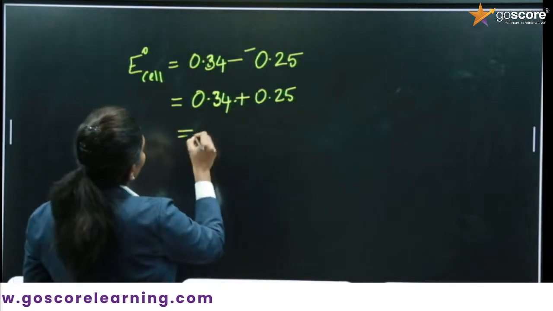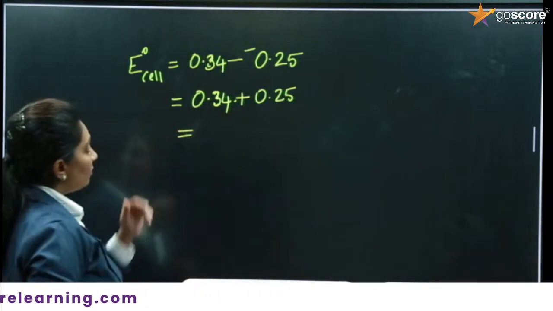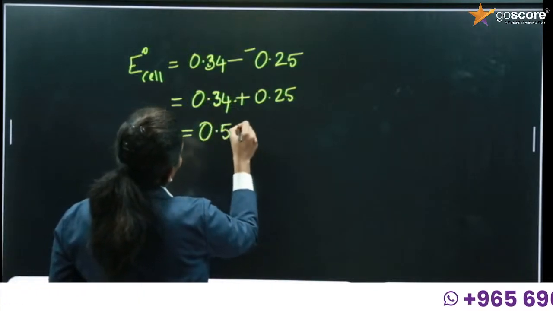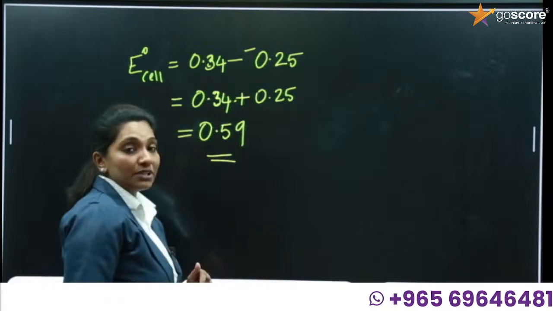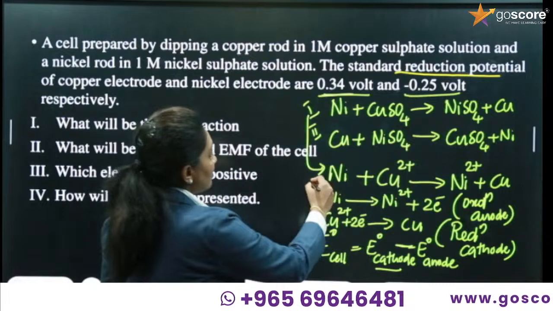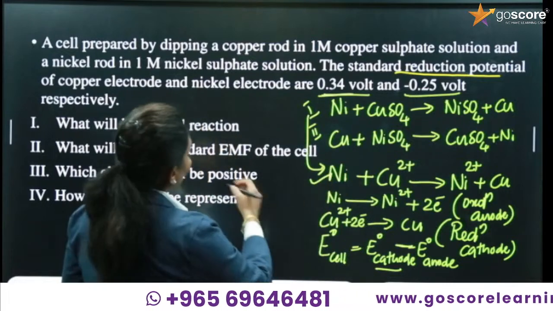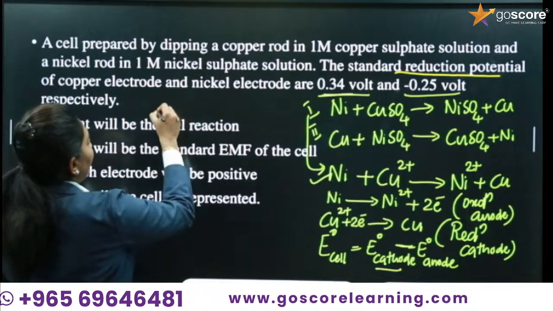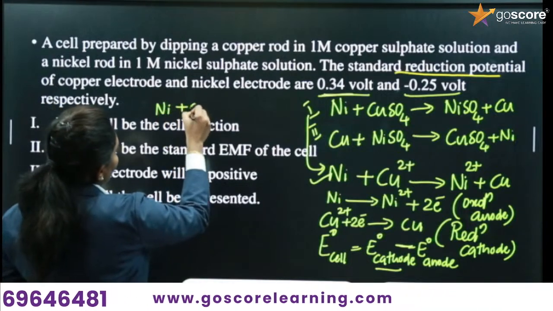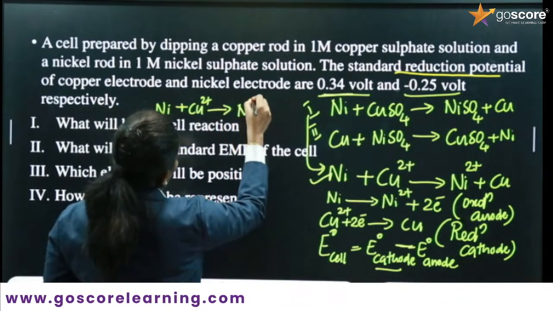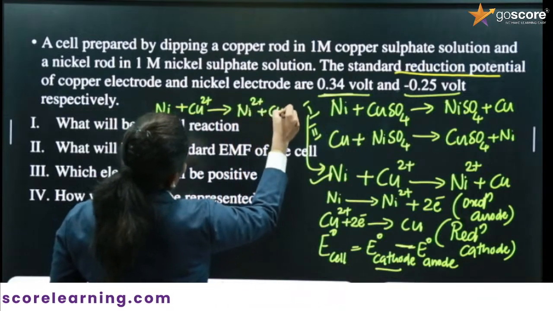Okay, so what will be your standard electrode potential value? It will be 0.59 and you are getting a positive value, right? That means the possible cell reaction is this one. Okay, so what will be the cell reaction? It will be nickel plus Cu2+ gives Ni2+ plus copper.